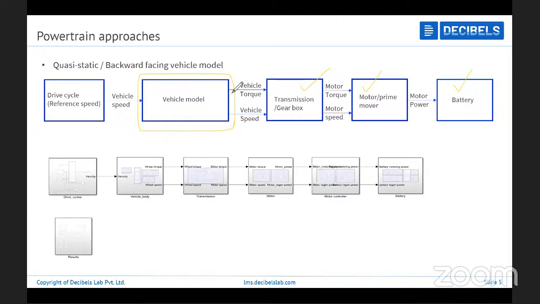First we estimate the requirements at the longitudinal part, later we size these components: transmission, motor, and battery. This is backward facing vehicle modeling.